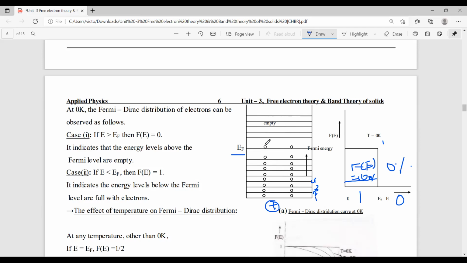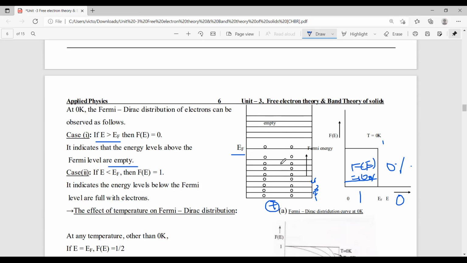Okay. So in the Fermi-Dirac distribution function, above the Fermi energy level, all the levels are empty. Empty means the probability function is written as 0, and 0 means 0%. And below the Fermi energy level, all the energy levels are completely filled with electrons.